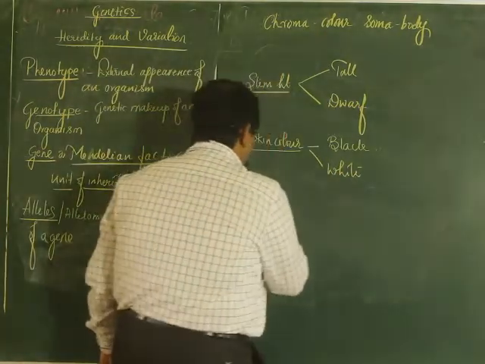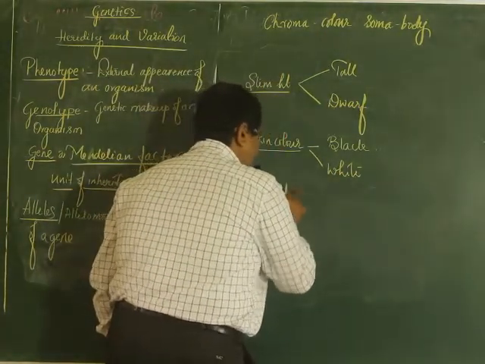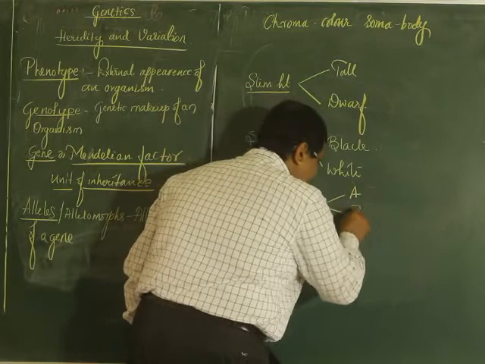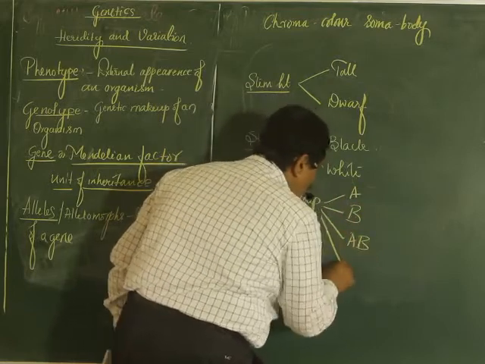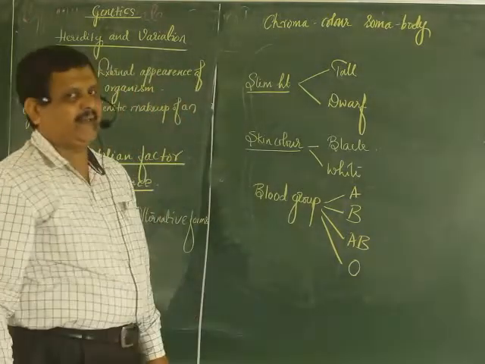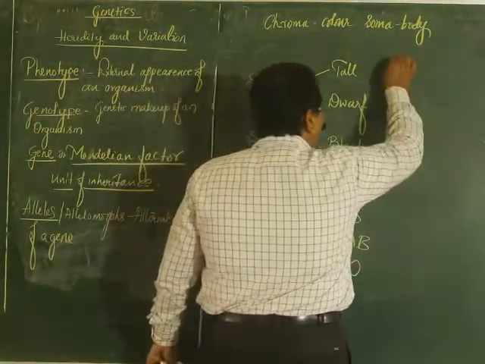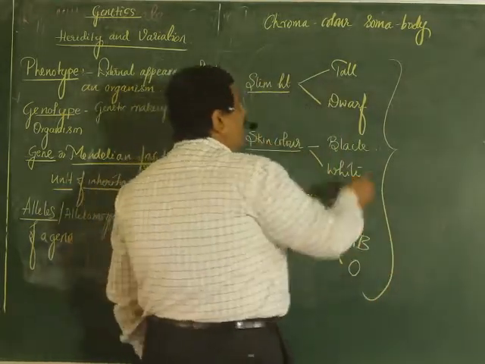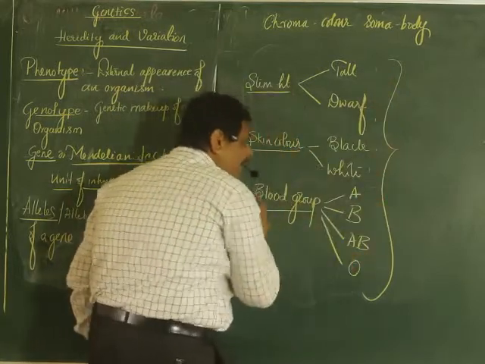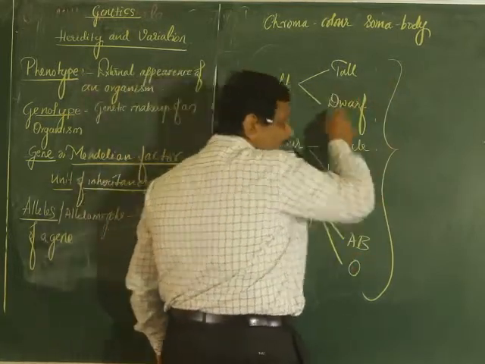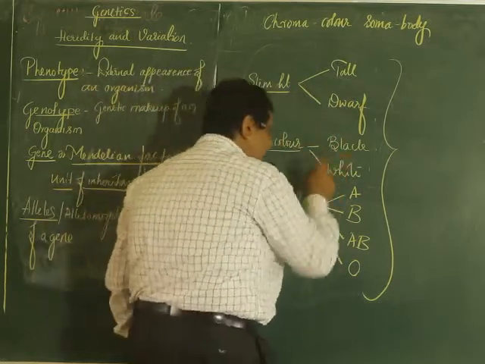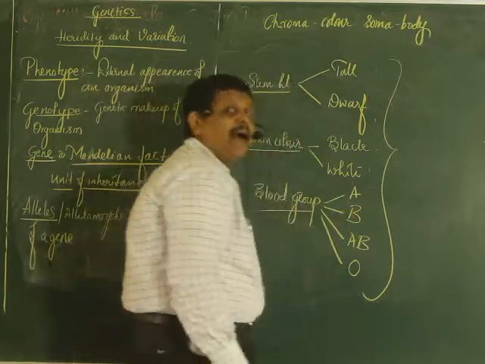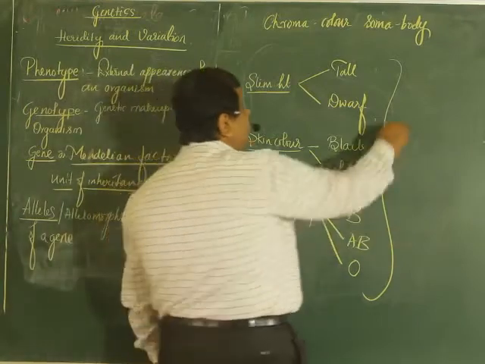And blood group. If we take another example, blood group A, B, AB, O, there are many alternative forms. So, dear students, all these alternative forms of a particular character, remember what I am saying. For example, stem height has two alternative factors, skin color has two alternative factors, and blood group has four different types of factors. So, these are called alleles.